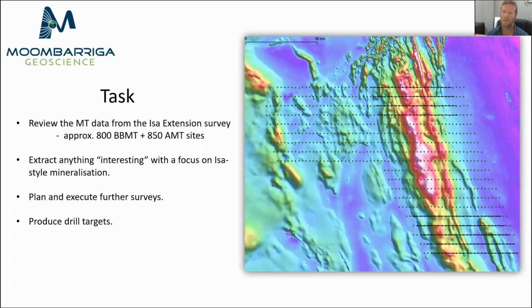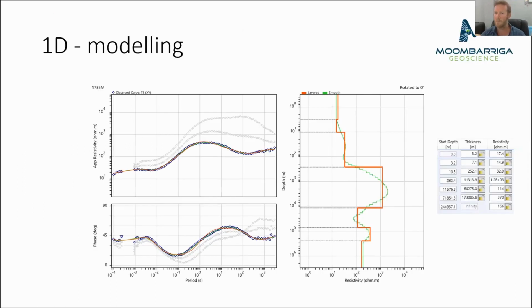So this is sort of the adventure that we went on, chasing down a conductor and trying to drill it and explain it, and we're still in that adventure as we speak. So, you know, there's 1,600 sites to sift through, so it was not a small project, but I'll just talk you through the way that I go about things, and we'll see how we go.